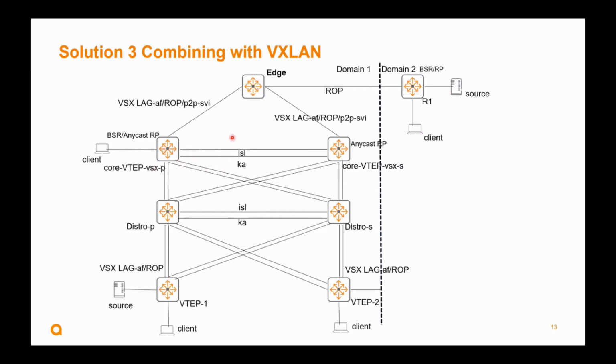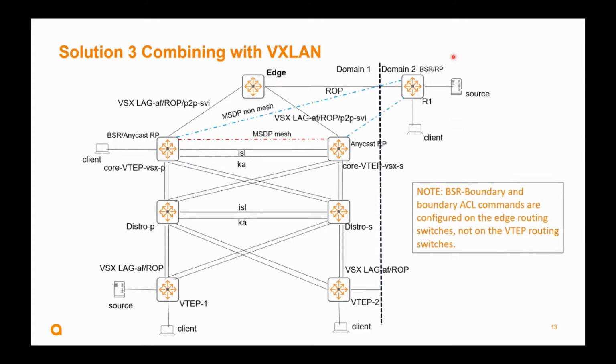The edge switch that is a non-VXLAN VTEP will be configured with the BSR boundary and also with our boundary ACLs. And this is basically giving us interoperability with a VXLAN environment.